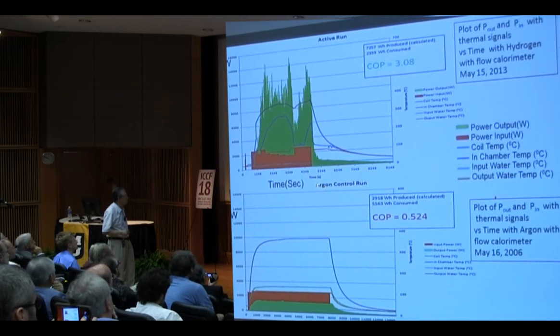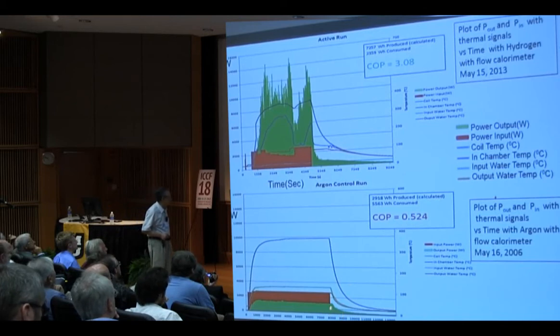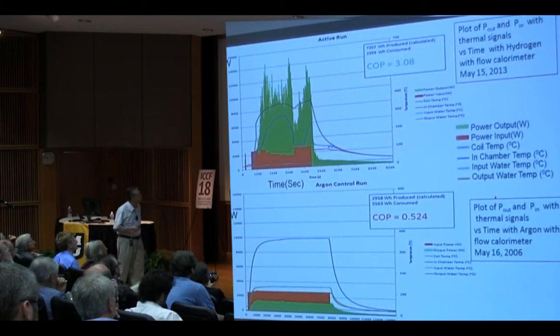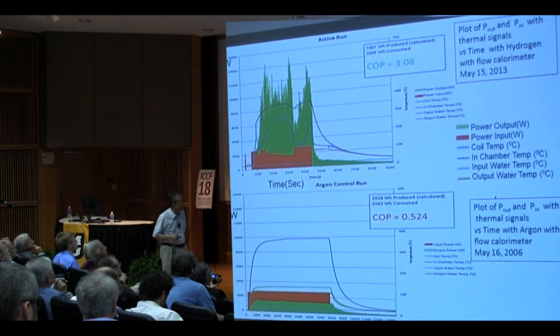So they did a degas for sufficient time in order to get clean data like that. As you can see, you can terminate at will by cutting off this triggering current. And then you can restart anytime you turn it on again. So the control seems to be there.